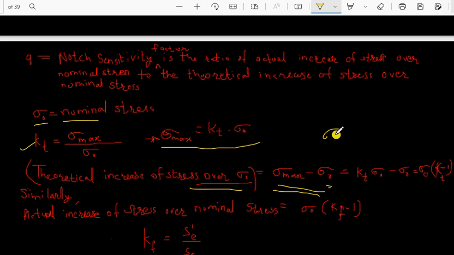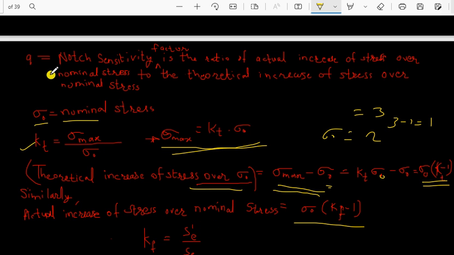Let us say nominal stress is 2 and sigma max is 3. Then if I subtract 3 minus 2, I will get the theoretical increase in the stress over sigma naught. So putting the value of sigma max, Kt sigma naught minus sigma naught. Finally, we will get sigma naught into Kt minus 1. Similarly, actual increase of stress over nominal stress will be given as sigma naught into Kf minus 1.